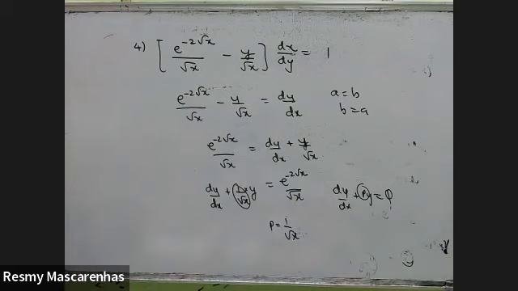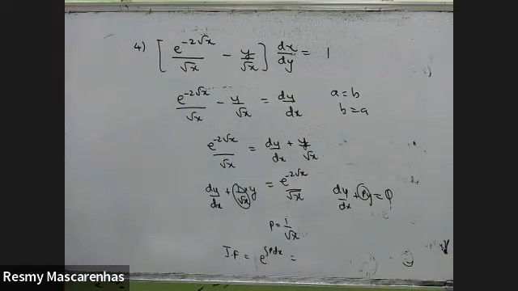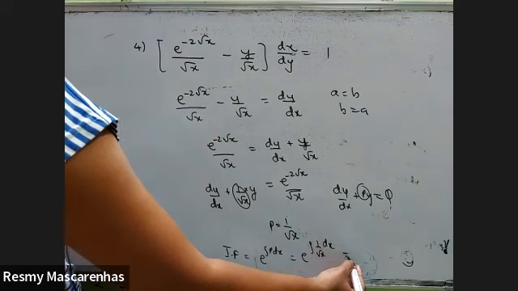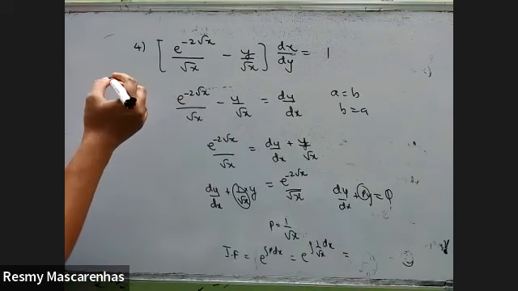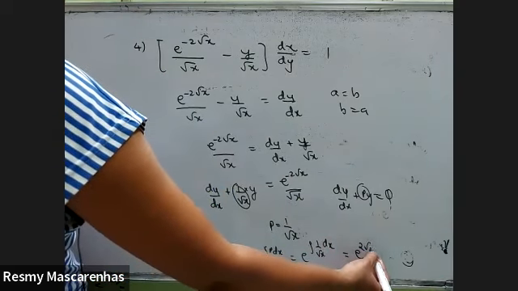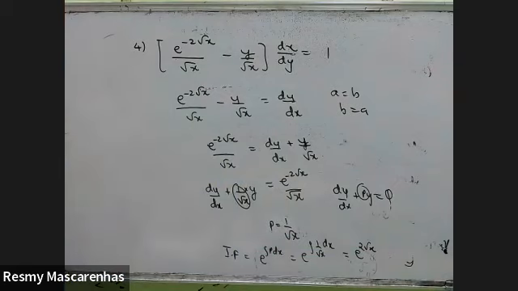Find the integrating factor now. Integral of 1 upon root x is 2 root x. This is a straight direct formula. The integrating factor is e raised to 2 root x.